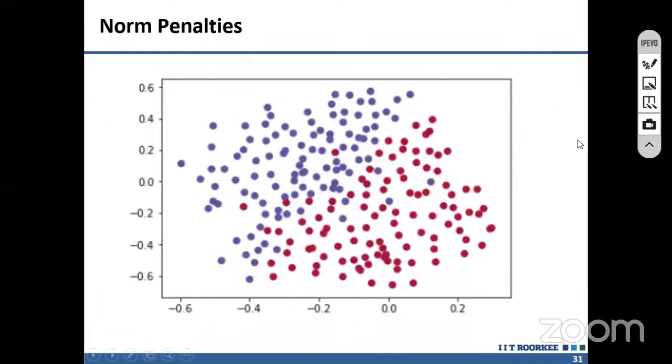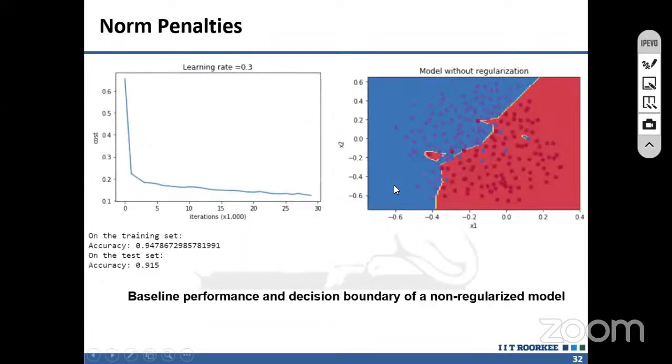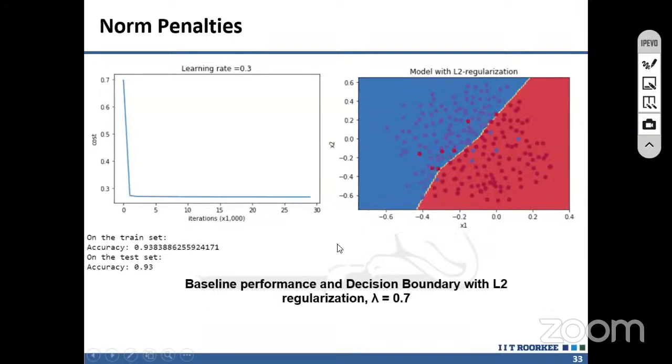Now let us see some visualizations of how this norm actually affects things. If you have this data set with two categories, and I'm not using any regularization, the model is very much overfitted. You see that the model is very much overfitted with this data set. Now, if I use L2 regularization, the model gives you a line something like this.